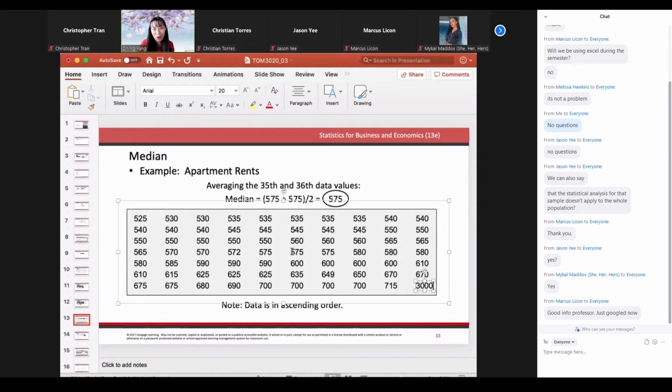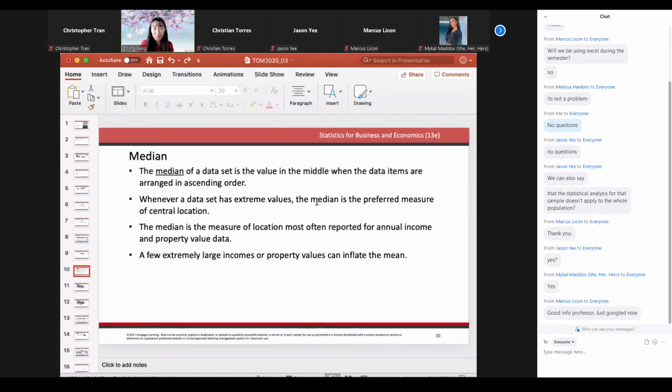Our median doesn't change. We just know there's a very large number in our data set, but it's not affecting the median. We still look at the middle value after we rearrange it. So having a millionaire in the neighborhood doesn't affect the median, but it does affect the mean.